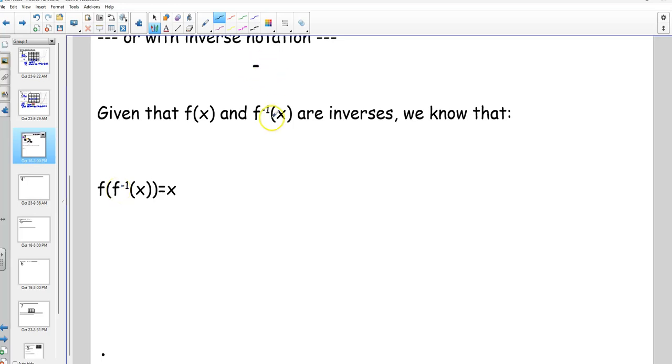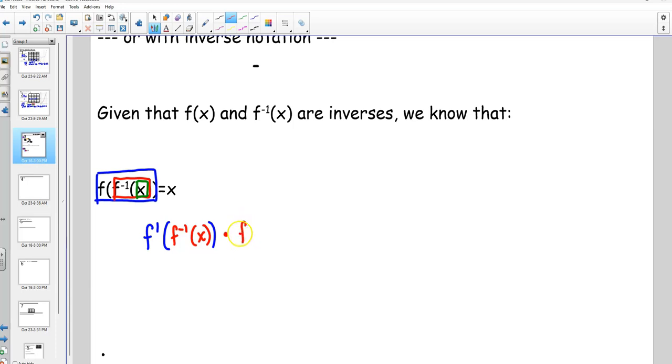So if I took my derivative, here's my outside, here's my inside. If you want, you can think of that little x right there as your most inside, but since its derivative is 1, it's not necessary to think of that. So if I take this derivative, I've got f prime of, I'm going to leave the stuff on the inside alone, f inverse of x. And then I got to multiply by the derivative of the inverse.